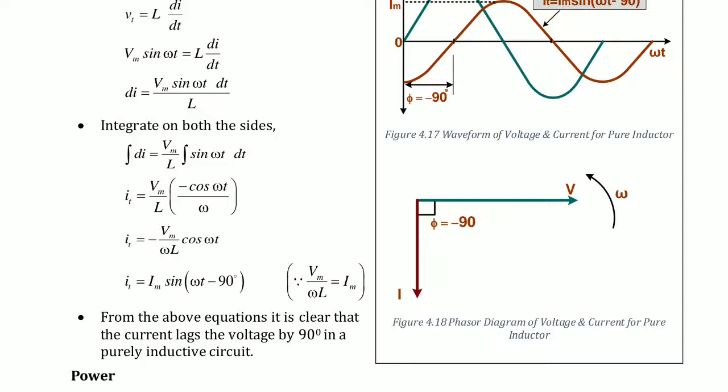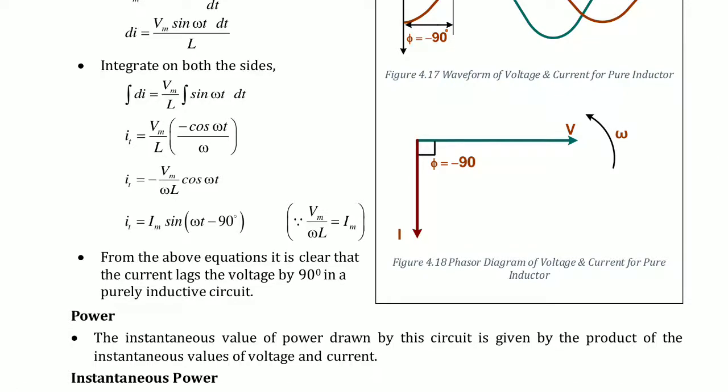Vm by omega L is taken as Im, the maximum current. So from the above equation, it is clear that the current lags the voltage by 90 degrees in a purely inductive circuit.